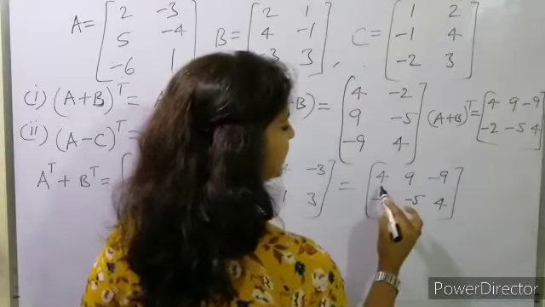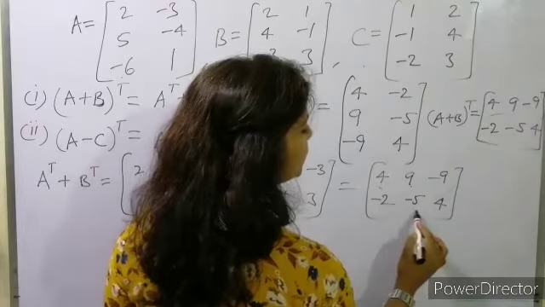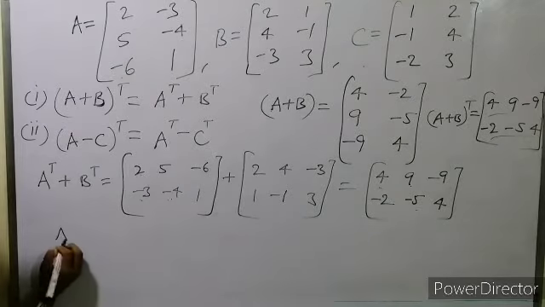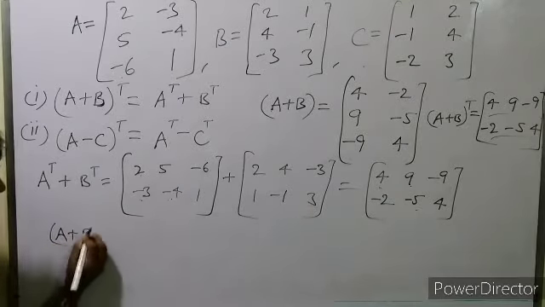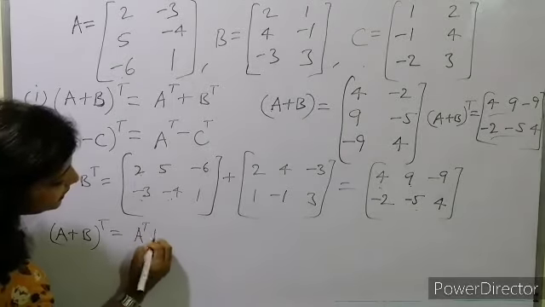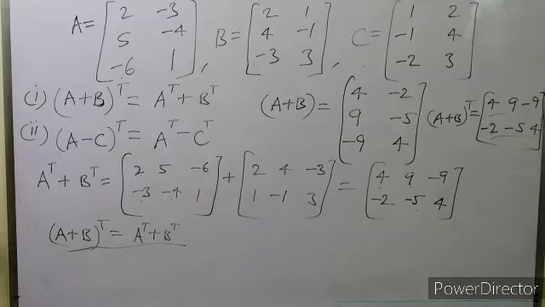Now we will compare this with 4 9 minus 9 and minus 2 minus 5 4. So we can say that A plus B transpose is equal to A transpose plus B transpose. Hence proved. First one we have done.